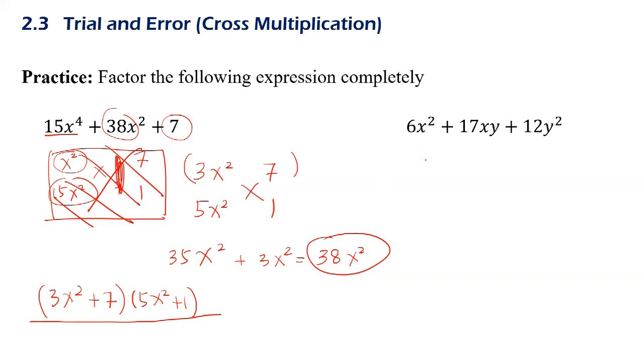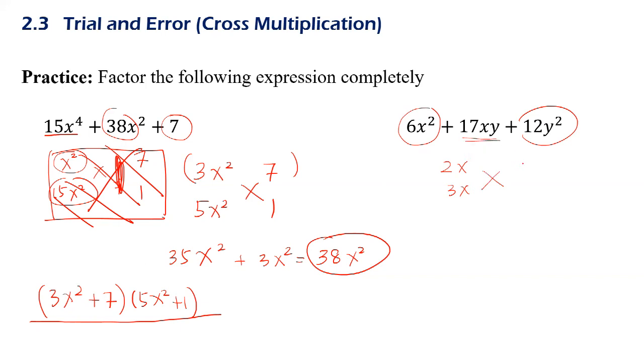Next one, again, first we need to factor the first term into, for example, this time we try 2x, 3x, and then factor the last term. And ensure that by cross multiplication, we get the term in the middle.